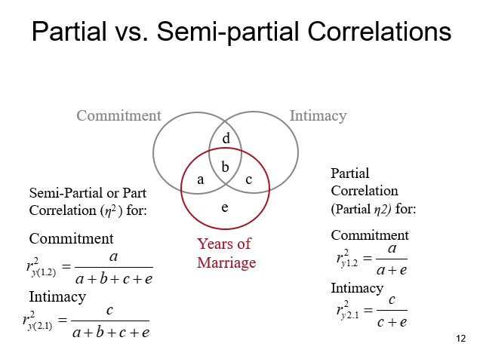So if we are looking at commitment on years of marriage and we wanted the actual full eta squared, we would be looking at what is the unique contribution of commitment to years of marriage, A, over all of the variance in years of marriage. The partial correlation in multiple regression is partial eta squared, and that asks what is the unique contribution of A over the unexplained variance in years of marriage, A divided by A plus E, unexplained variance.